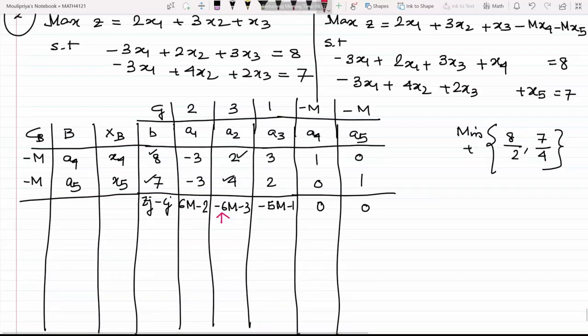So division by 4 is giving you the minimum ratio. So this is the key element or the pivot element. And which is the departing vector? 4 corresponds to row-wise A5. A5 is your departing vector.